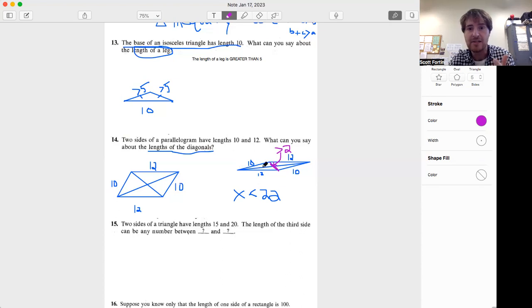Because the diagonals form many triangles in the parallelogram, but specifically the triangle we're thinking of is this triangle here. 10 plus something larger than 2, I can form a triangle with a side length of 12, okay? So 2 is less than x, which is less than 22, somewhere between those, okay?